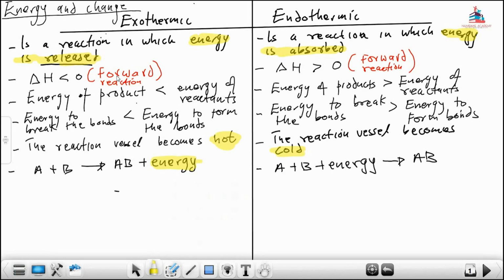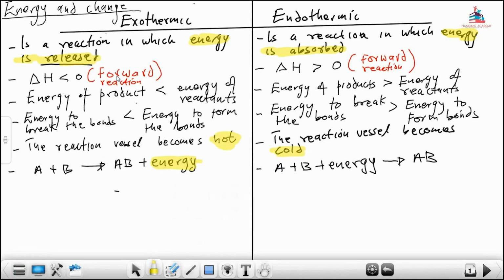The forward reaction is now exothermic. The energy of the products is less than energy of the reactants. The energy to break the bonds is less than the energy to form the bonds. And this is the reason why the reaction vessel becomes hot.